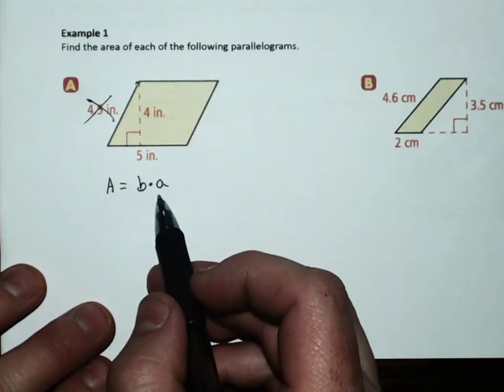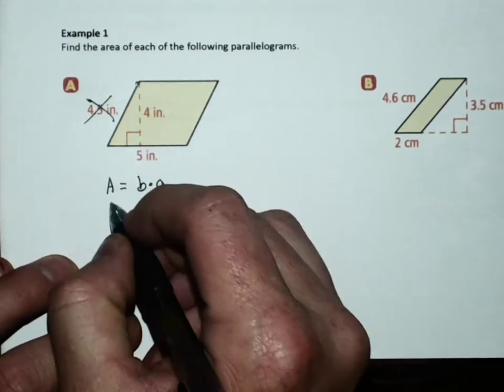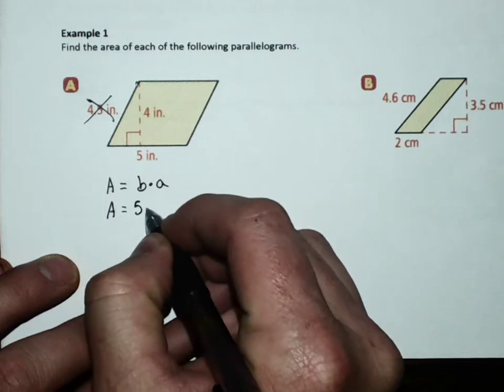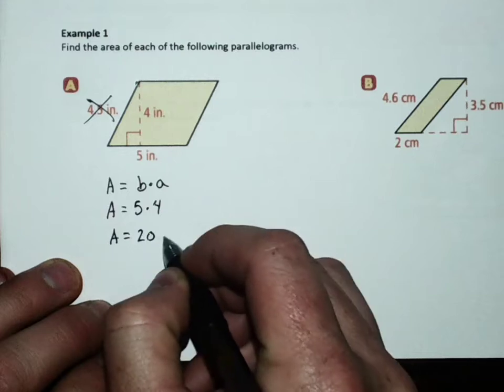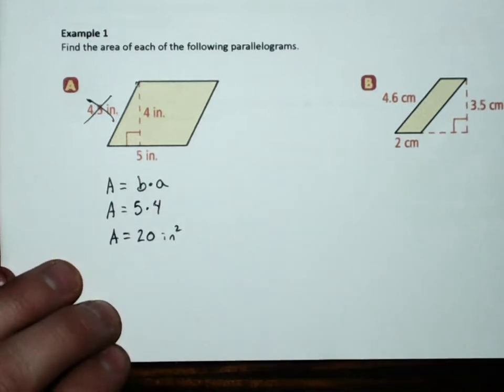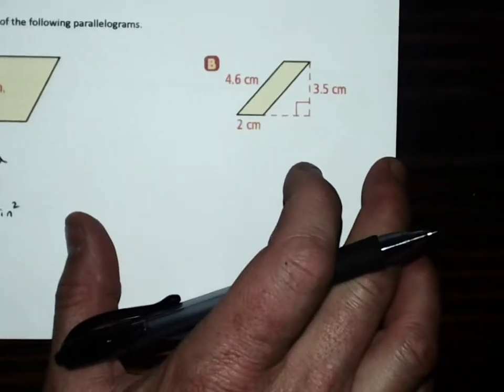We use little a for altitude, capital A for area. So the base is 5, the altitude is 4, and 5 times 4 is obviously 20. That was exhilarating.